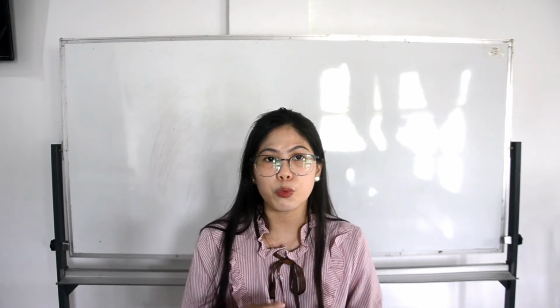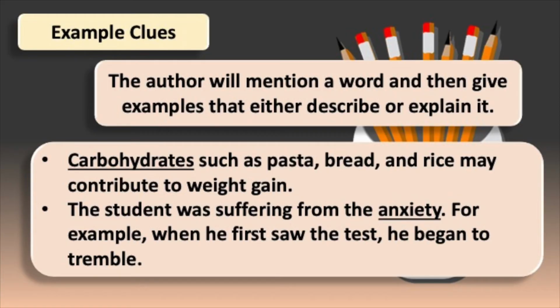Another thing that will help you know that the sentence provides an example clue is when you see words or phrases such as like, for example, for instance, as an illustration, and so on. The next example of an example clue is: The student was suffering from anxiety. For example, when he first saw the test, he began to tremble.